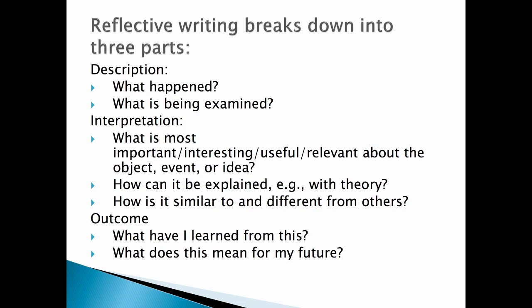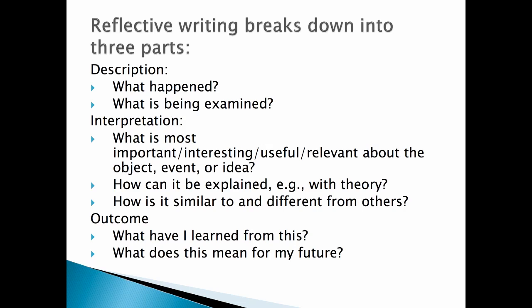First of all, you have a description. What happened? What was the event, or what are you examining? Then you have the next stage, interpretation. What is the most important, interesting, useful, relevant thing about this event, this idea, what you're examining? And then how can you explain it? Why did it happen?